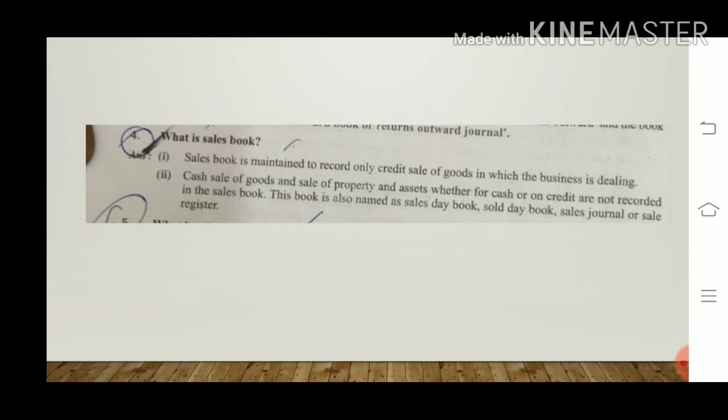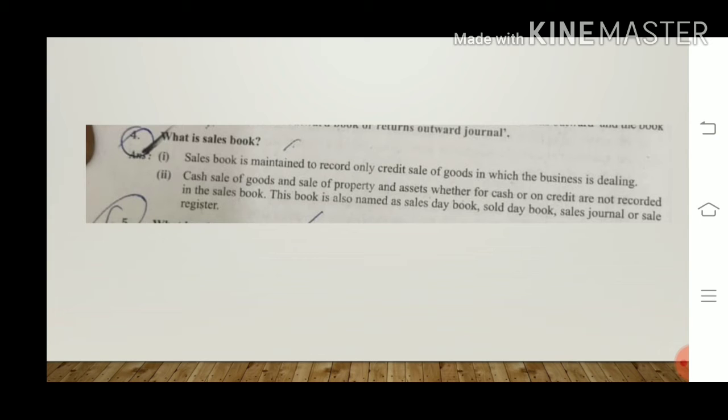Cash sale of goods and sale of property, property meaning one of the assets, whether for cash or non-cash transactions, are not recorded.